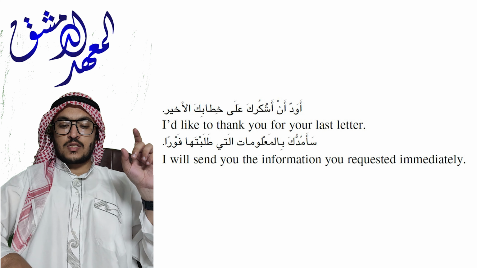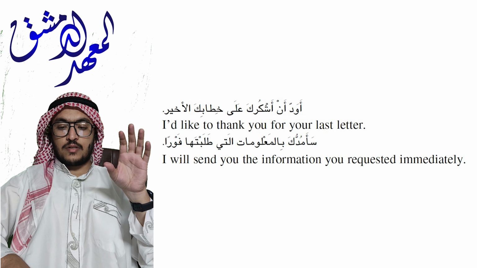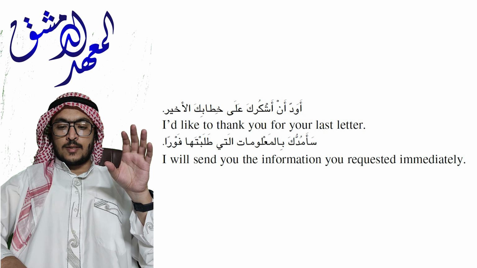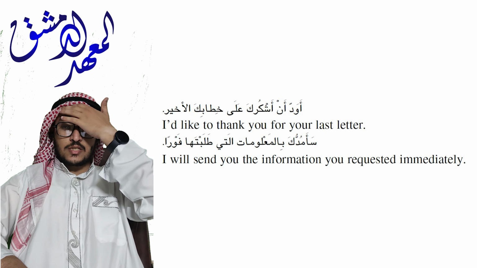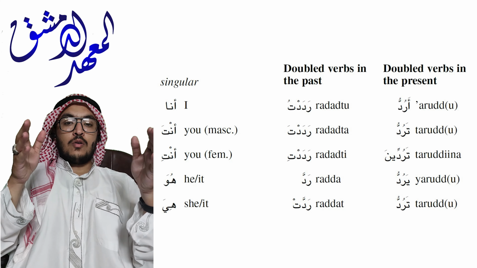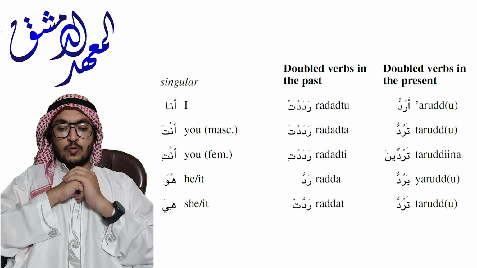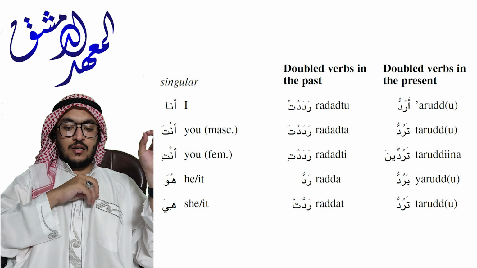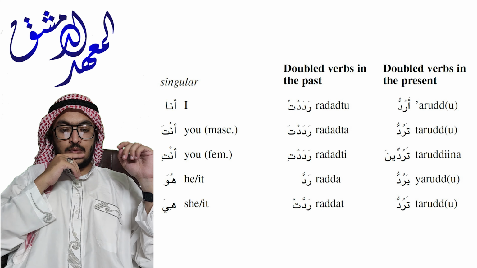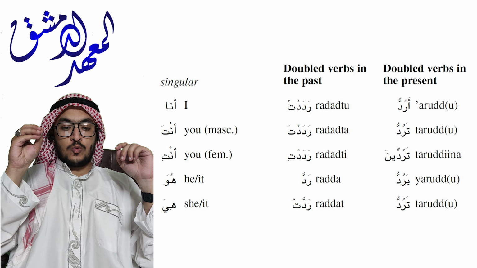So here is the table summarizing the past and the present patterns for doubled verbs, and it will be a good exercise based on this pattern. So now we have this pattern, which is radda yaruddu. Radda yaruddu, and ana becomes raddattu, and in the present tense it becomes aruddu.